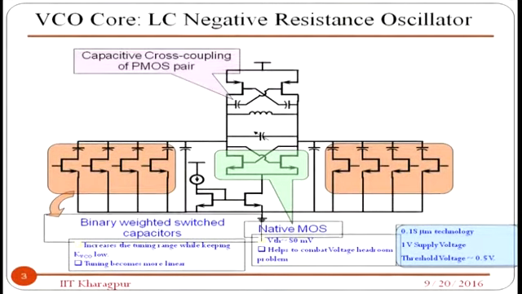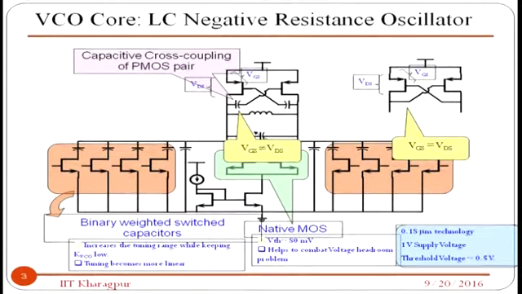This is a complementary behavior, if it is a differential stage. So, here if the voltage is going up, there the voltage will go down in the same phase, right. Now look at the conditions for saturation. What is the reason we have to use a capacitor for that, I am explaining now. Your condition is that VDS should be greater than VGS minus VTH. That is the condition for the transistor to be in saturation.